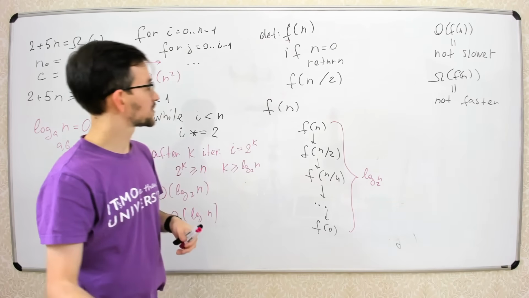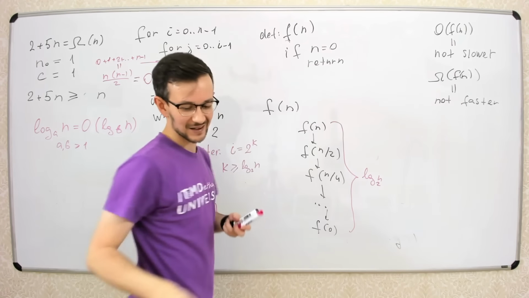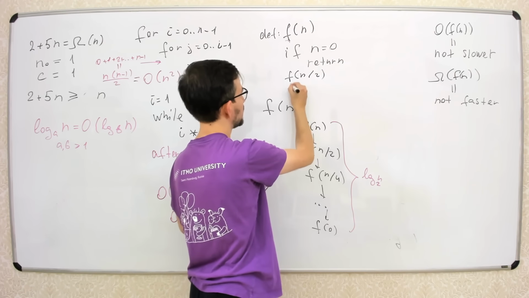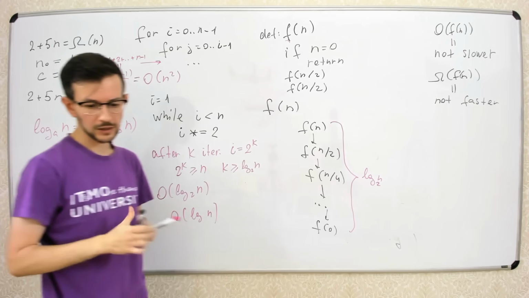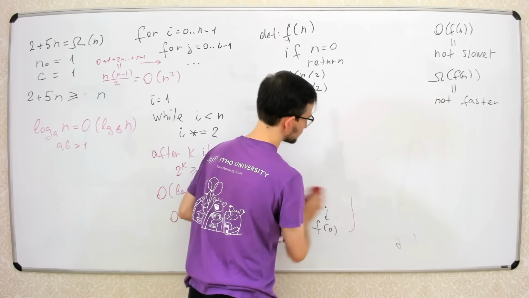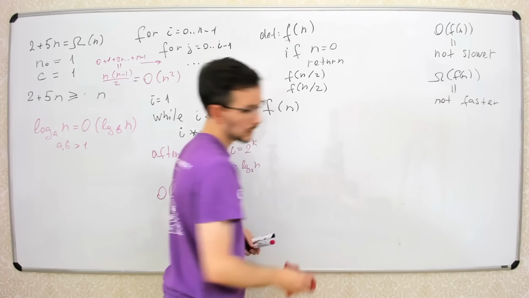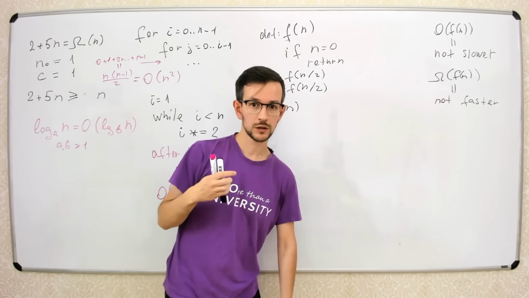And now finally, let's make something more interesting. Let's add more here. Let's have 2 recursive calls, n over 2 and another n over 2. Now what will happen here? Now it's a little bit more complicated.